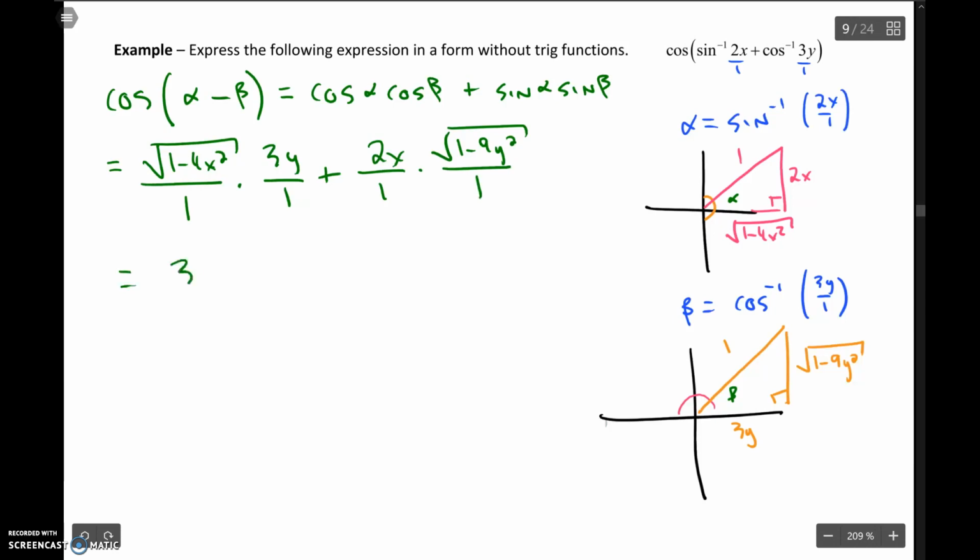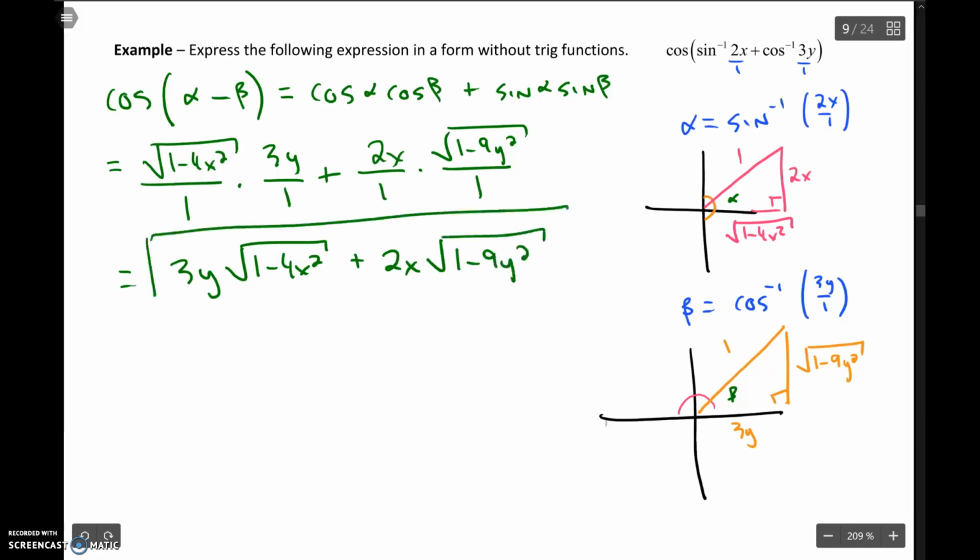So this is 3y square root of 1 minus 4x squared plus 2x square root of 1 minus 9y squared. And that is your answer.